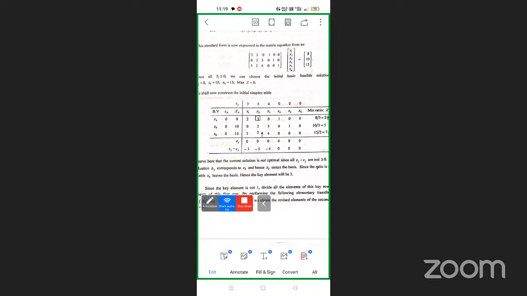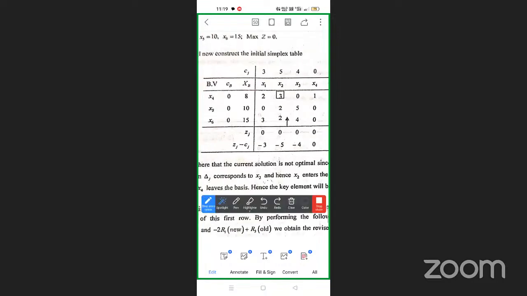Like this, for X1: 0 into 2, 0 plus 0 into 0, 0 plus 0 into 3, 0, all zeros, minus CJ, minus 3.